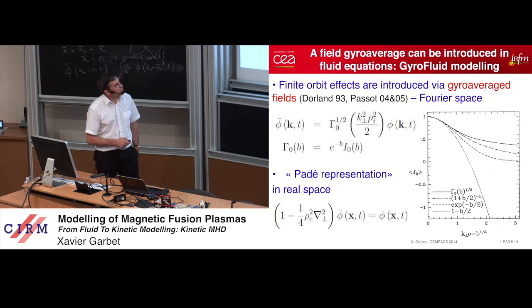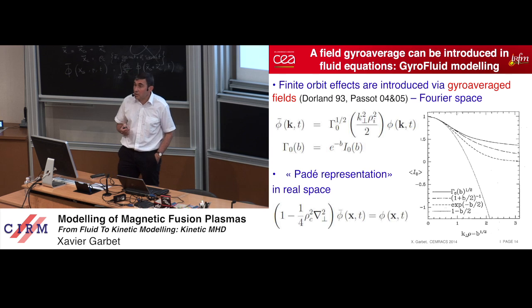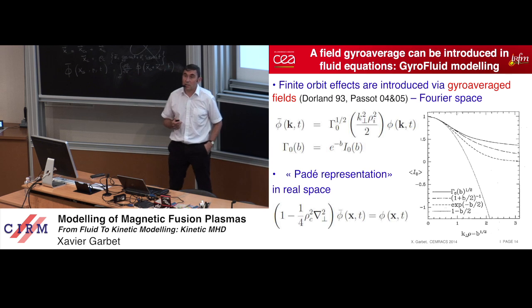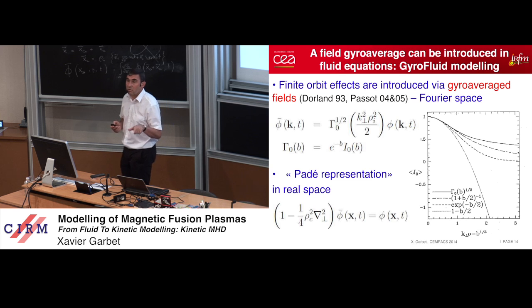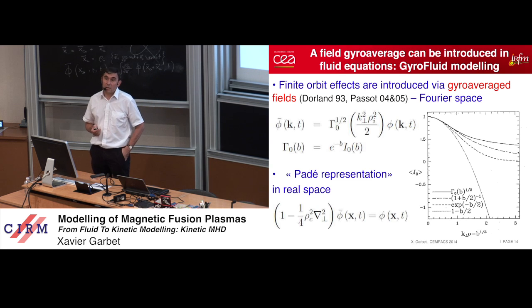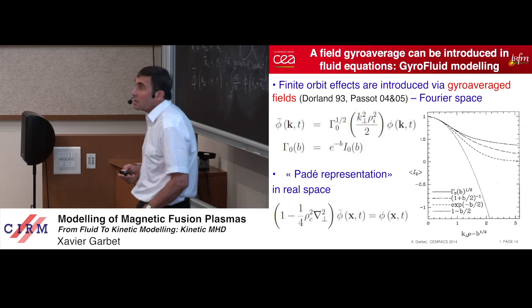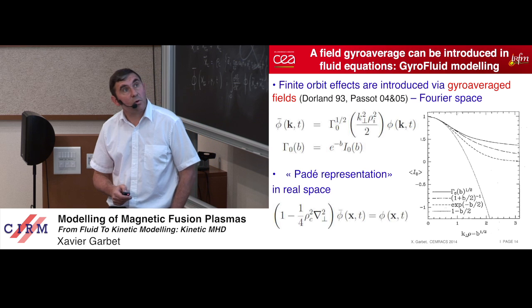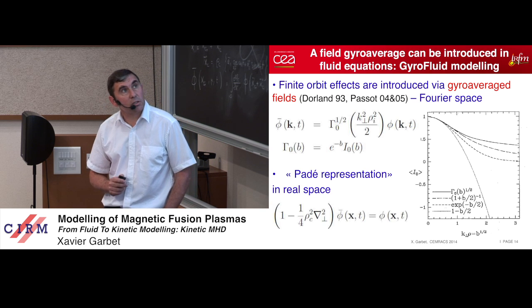But of course, when you move to large values of k rho I, you can see that the actual value is 0, and that corresponds exactly to what I told you at the very beginning. That is, if you gyroaverage a field with very small scales compared to the cyclotron motion of particles, basically the effective field is 0, right? So you recover quite simply this expression.